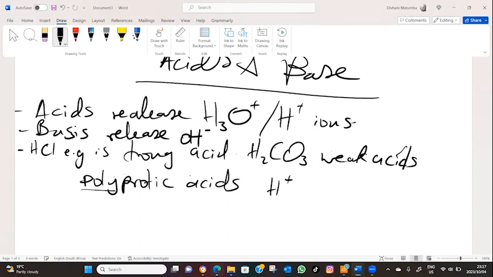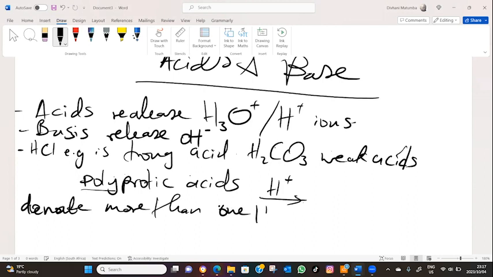So polyprotic acids can donate more than one proton, or one H plus.